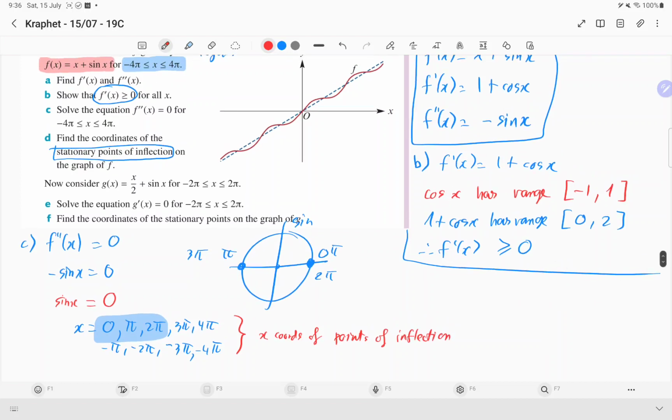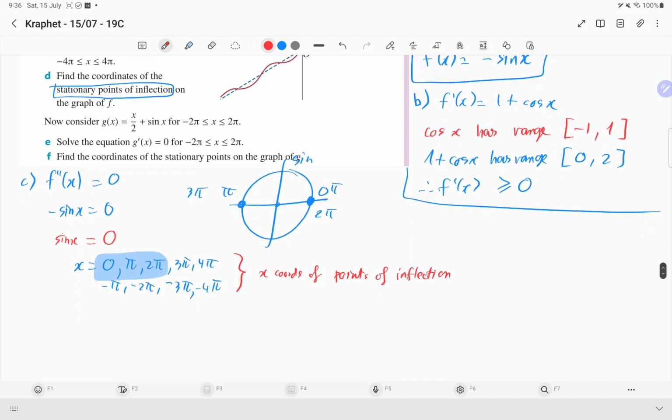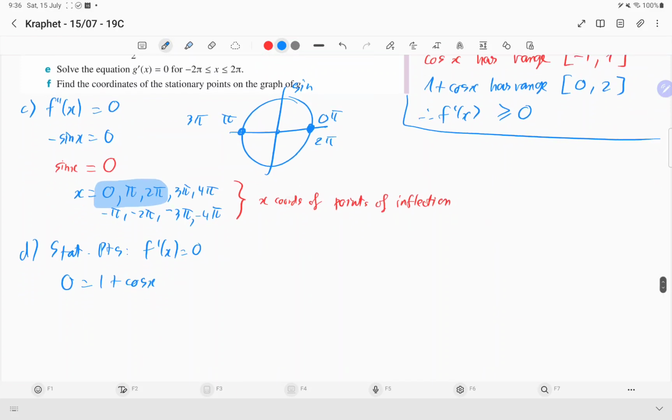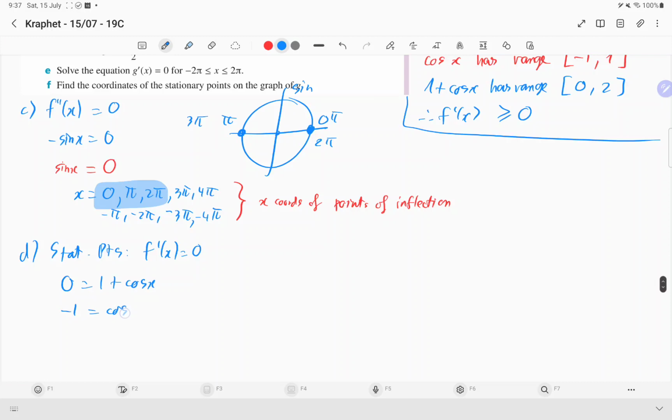So then when you solve for the first derivative equals 0, you will get the stationary points, right? A stationary point is when the first derivative equals 0. So we set that, 1 plus cos x, equals 0, right? So then negative 1 equals cos x. What are the answers?